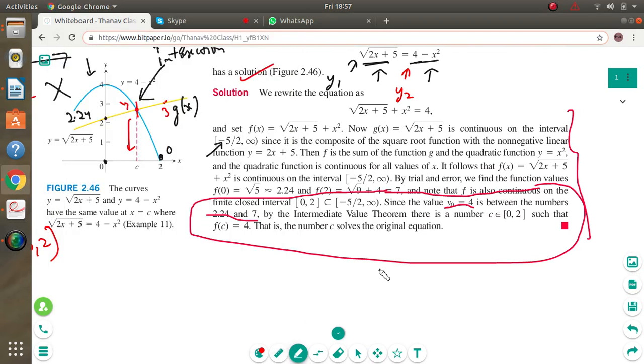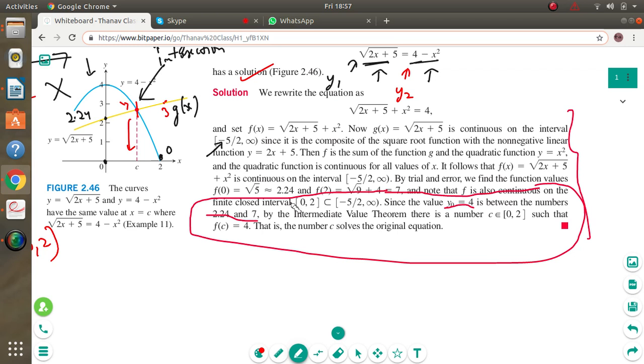Here we have: since the value y not equal to 4 is between the numbers 2.24 and 7, there is a number c belonging to 0 to 2 such that f of c is equal to 4. So number c solves the original equation. It makes sense, yes.